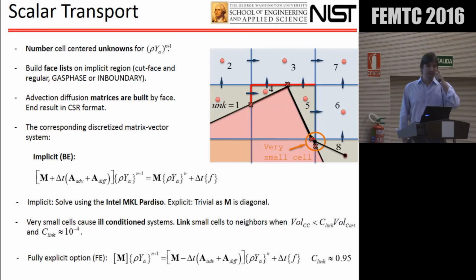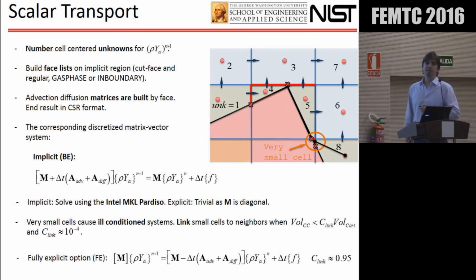How is the work done in the code in order to solve implicitly a region of the domain? Mainly, what you do is you number your unknowns on the implicit region. There's a numbering, and this essentially becomes an unstructured solver on this region.